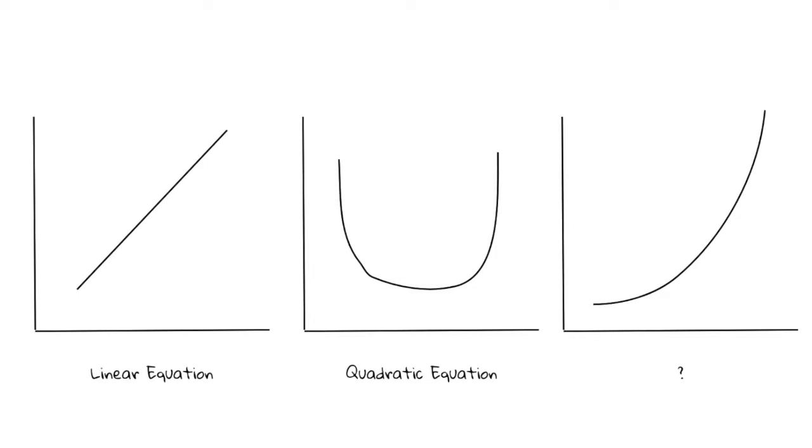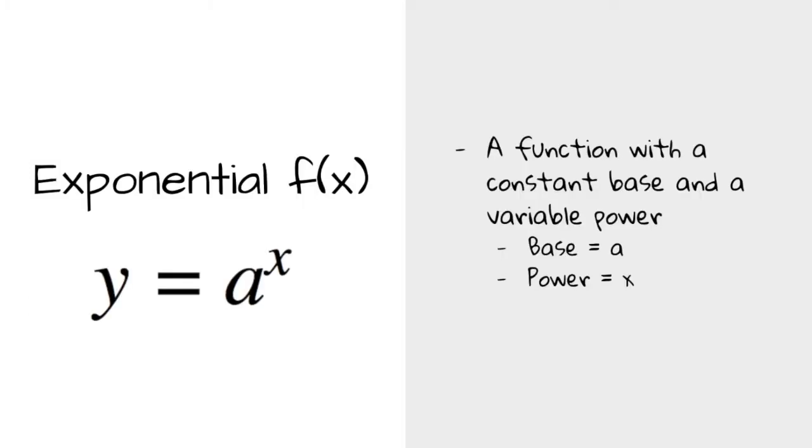As you may have guessed, it is an exponential function. An exponential function is a function with a constant base and a variable power, where the base is a and the power is x. For example, y equals 2 powered by x would be an exponential function.